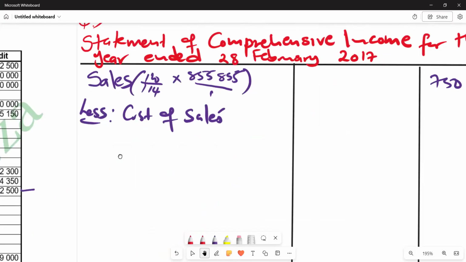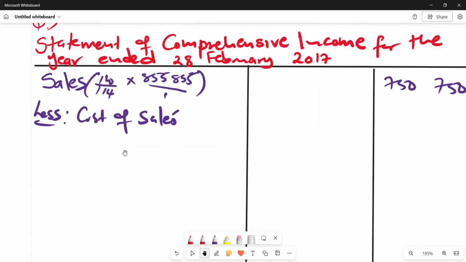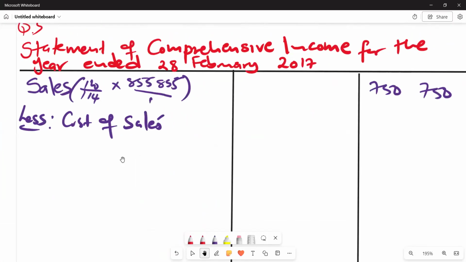Remember, when we say our sales minus cost of sales, we get our gross profit. So here we are supposed to have our gross profit, and the figure that we are given there is 442,500. Then now we can find the figure for cost of sales.